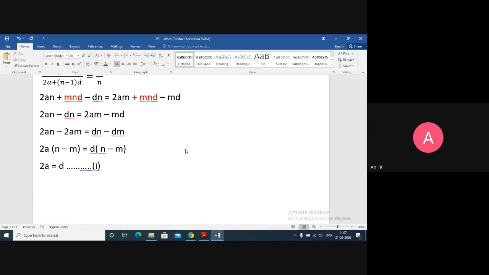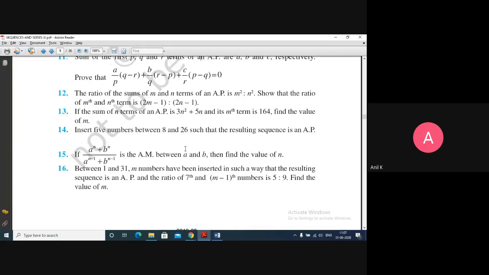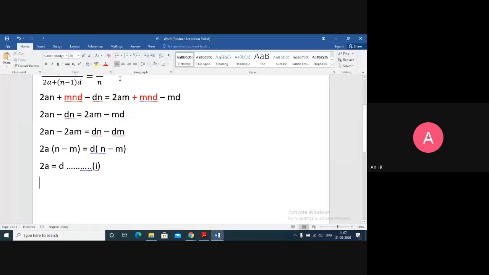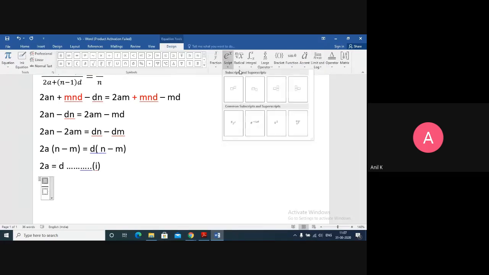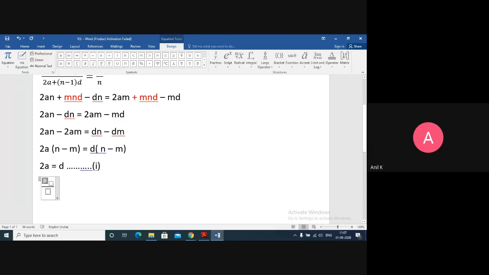I got the relation between a and d by using Sm upon Sn. Now what you have to find in the question is the ratio of the mth and nth terms, that is am upon an. So let me insert the equation. This will be am upon an, the ratio between am and an.